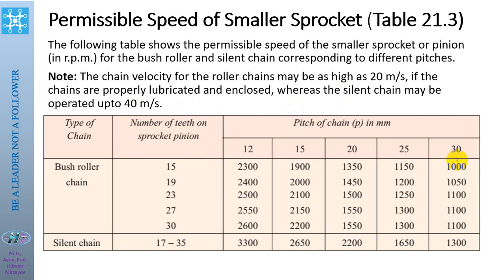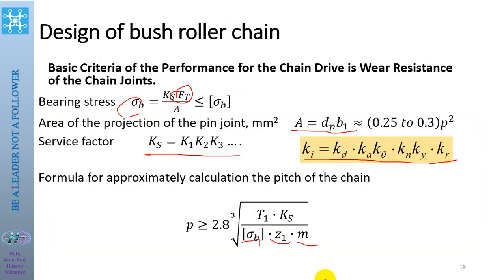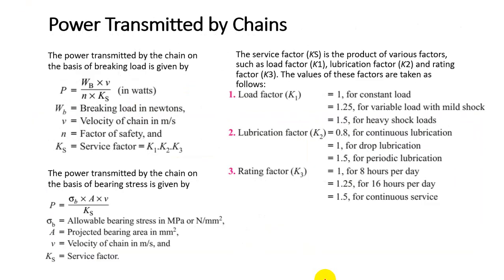Permissible speed of the smallest sprocket may be found from these tables, and power transmitted by chains. Power transmitted by chains may be calculated depending on the breaking load, velocities, safety factors, and service factors from these equations.